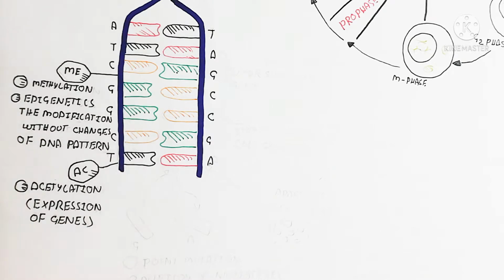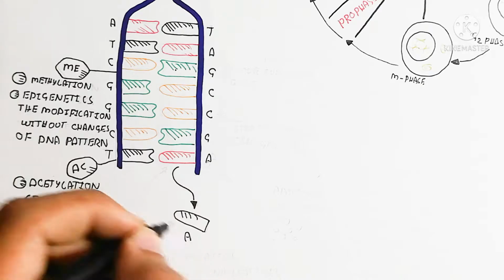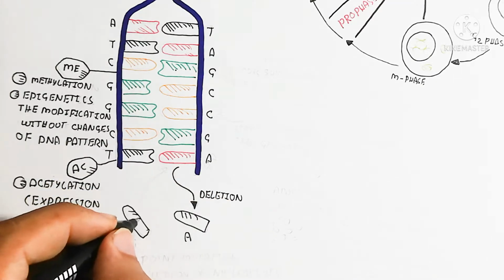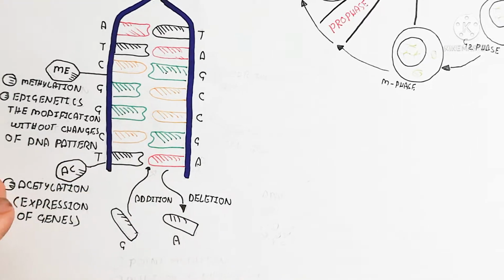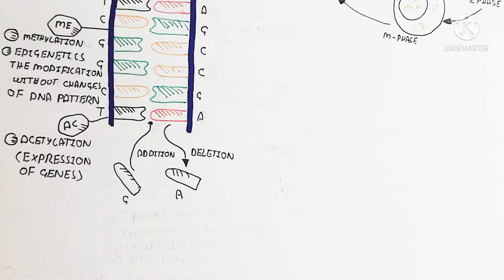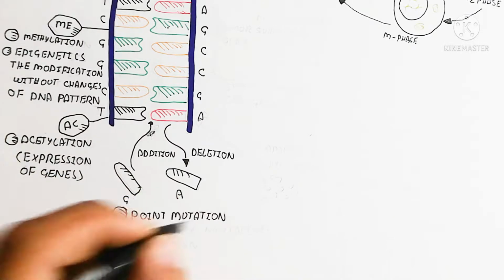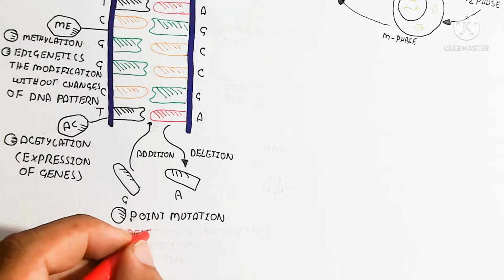Acetylation means expression of the gene: the DNA will be expressed, transcribed, translated and synthesized into protein. On the other hand, a point mutation is a deletion, inversion or addition of nucleotides, on the basis of the nucleotide.